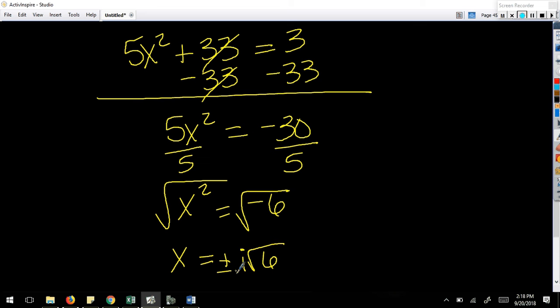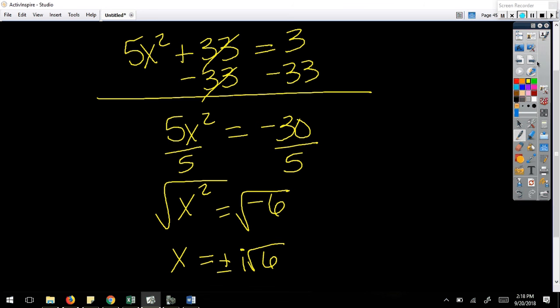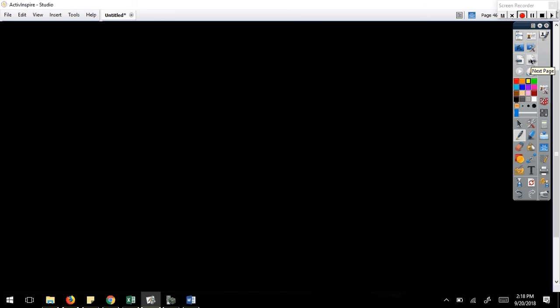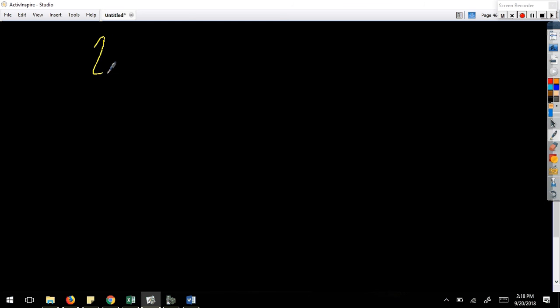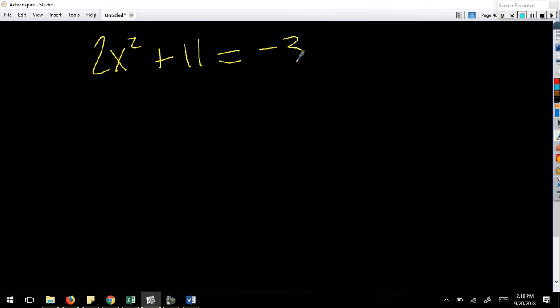Let's do one that we do have to simplify. Let's do 2x squared plus 11 equals negative 37. First step, what do I do?